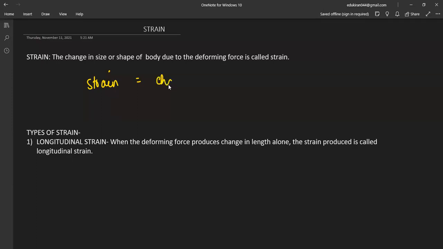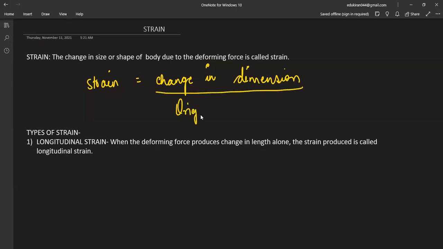So how do you calculate the amount of change? Change in dimension by the original dimension. What dimensions are possible? Again, length, area, volume. All three types of dimensions are possible.